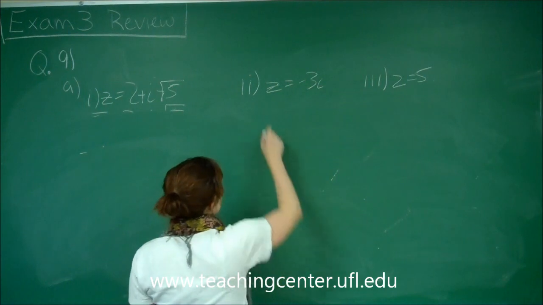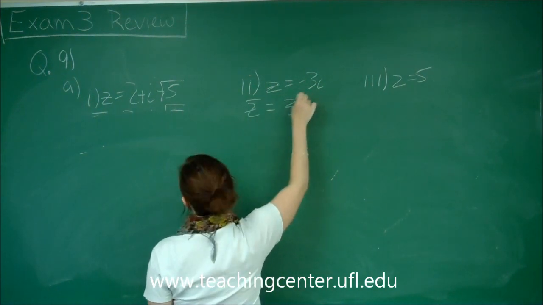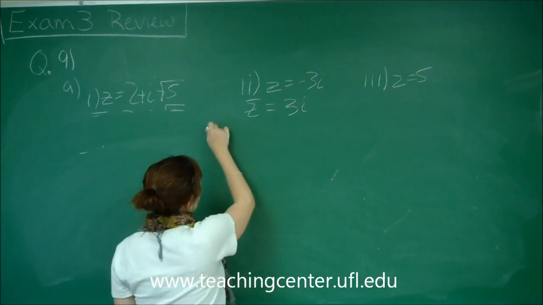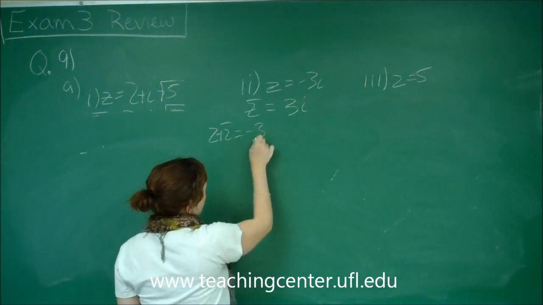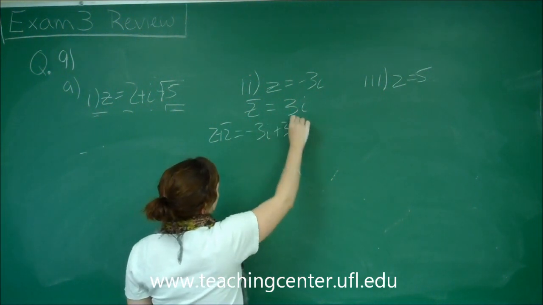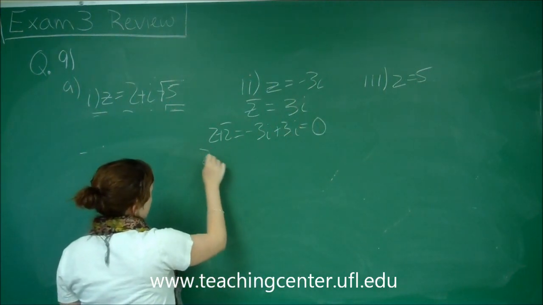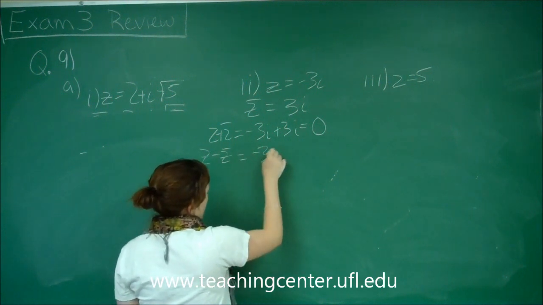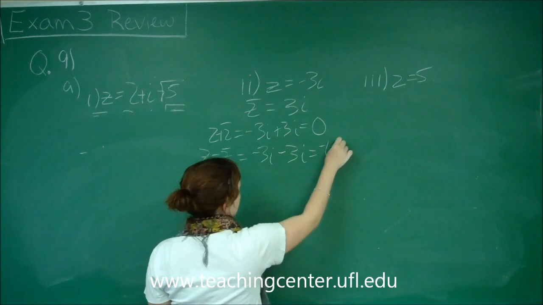For this, our z bar is going to equal positive 3i. So again, we want to know z plus z bar. And that's going to be equal to negative 3i plus 3i, which is equal to 0. And then we've got z minus z bar, which is equal to negative 3i minus 3i, which is equal to negative 6i.